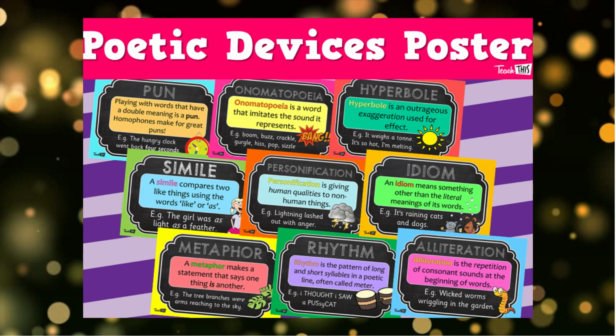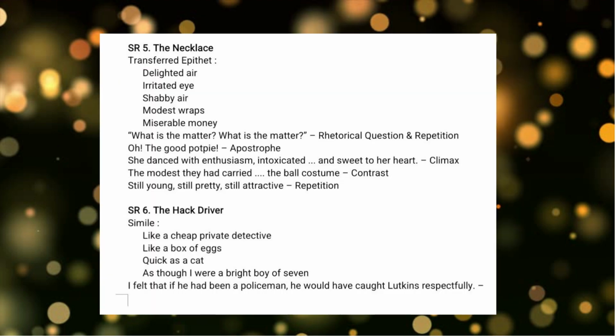Now lesson 5 is the necklace. Here you will see that many poetic devices have been used, especially the transferred epithet. For example, delighted air, irritated eye, shabby air, modest raps, miserable money.